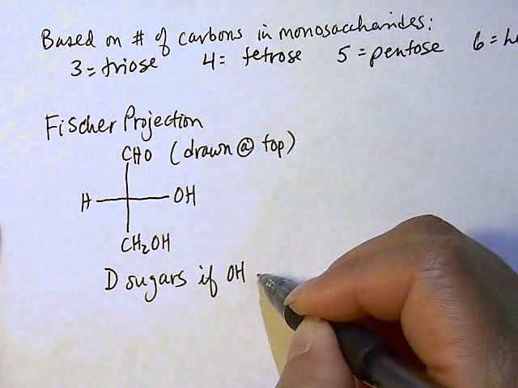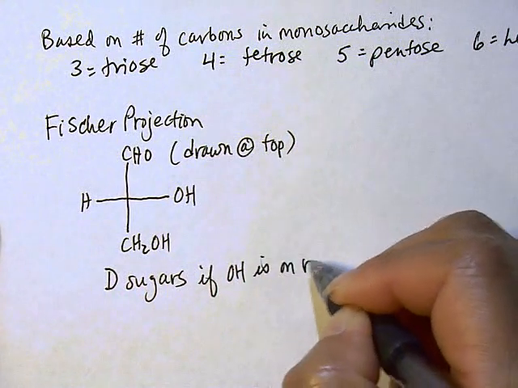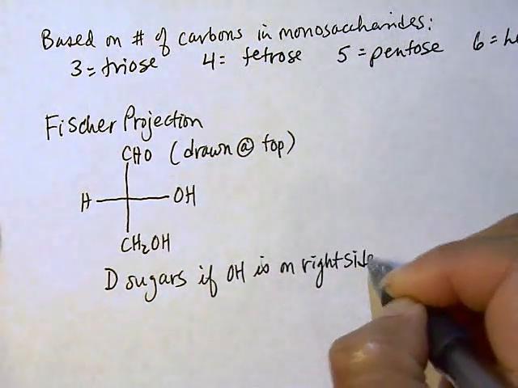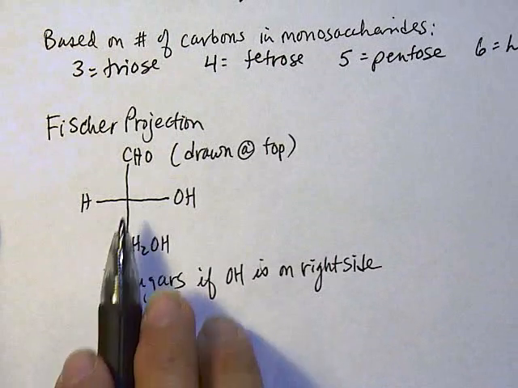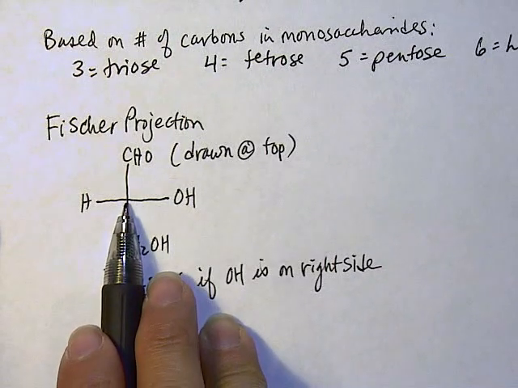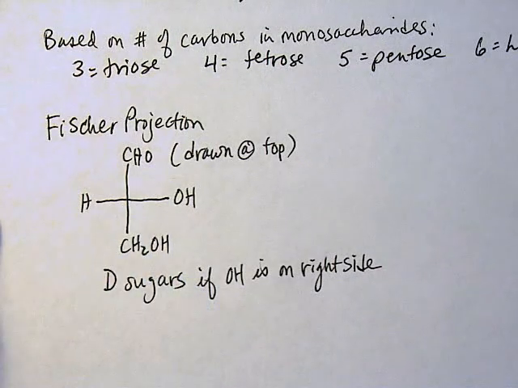So if the OH is on the right side, all right, so in this sugar there's only one chiral carbon, so that's not a big deal.